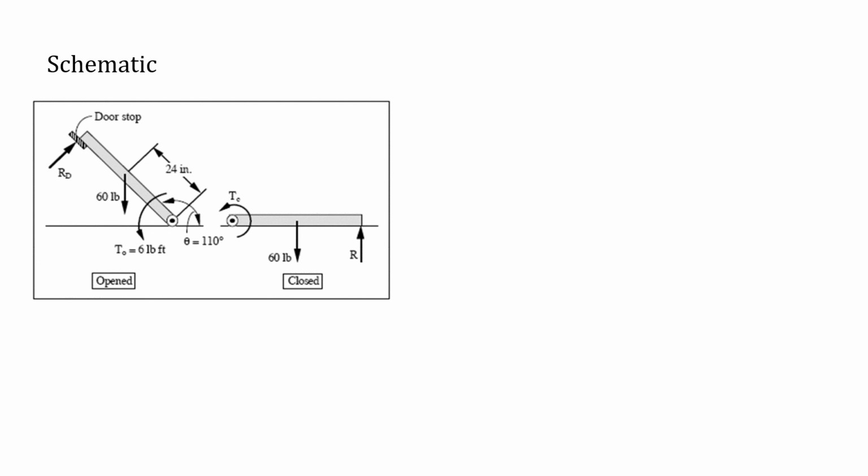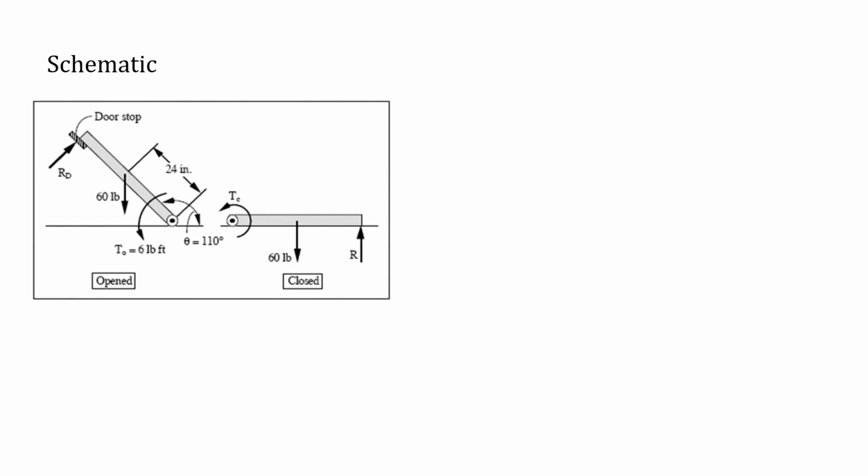Here we know that our 60-pound force is 24 inches up from the axis, because in the problem they tell you that's where the center of gravity is. We have TO, meaning torque open, which is our 6 pound-feet, and that's essentially what's keeping the door up against the doorstop. And we know that our theta is 110 degrees.